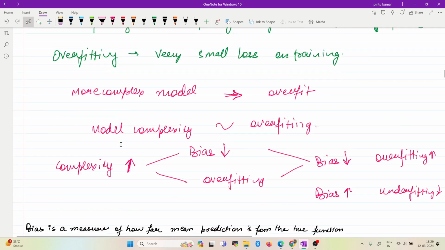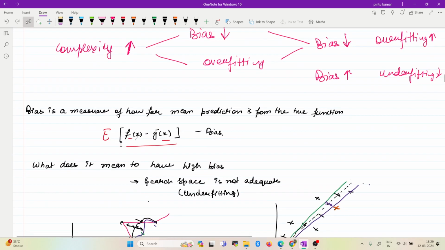But for the time being, can you please confirm that the definition of bias is very clear? Bias is the error between the mean prediction and the true function. It is just how far my mean prediction is from the true function. When we talk about the mean, we are talking about the mean of the 50 lines that we drew for 50 different instances.